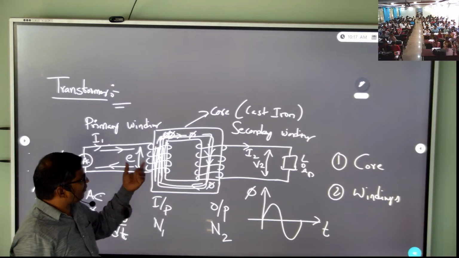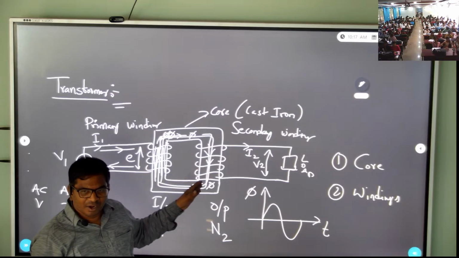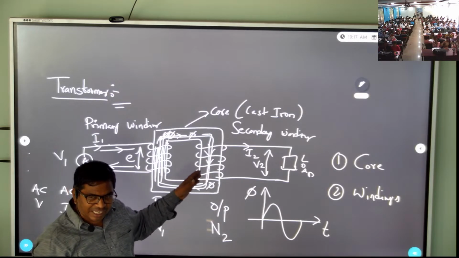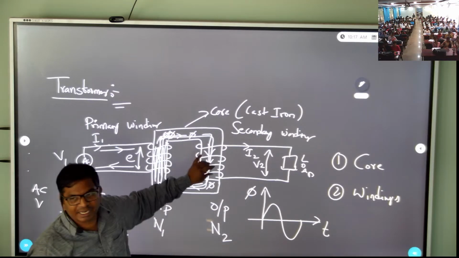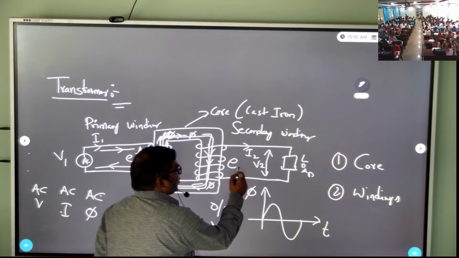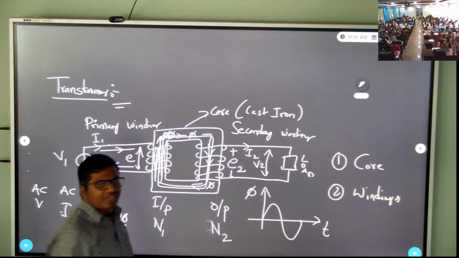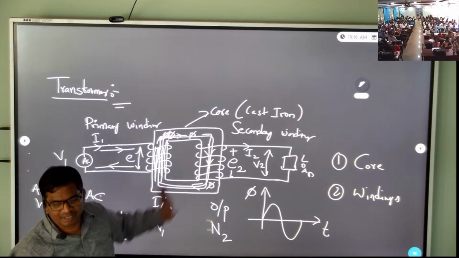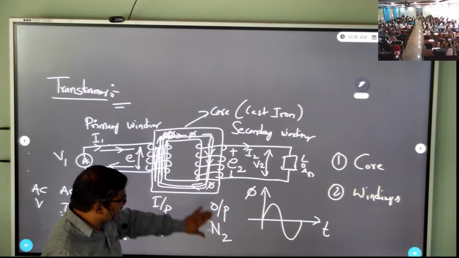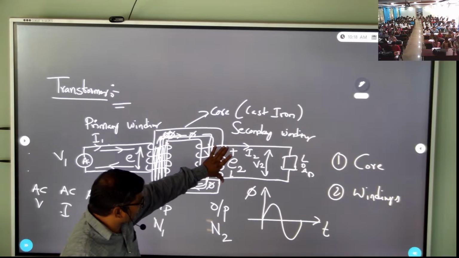This alternating flux flows towards the secondary winding. So the flux is linking with the secondary winding, and an EMF is induced in the secondary winding. How many turns are there? N2, and the EMF is induced here.